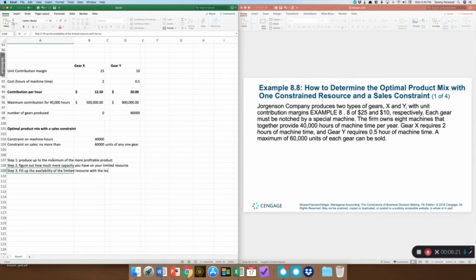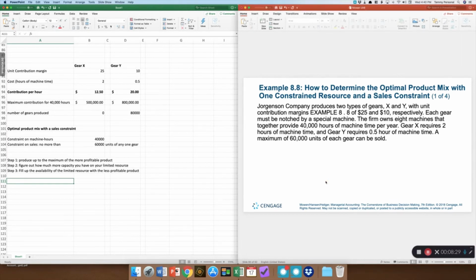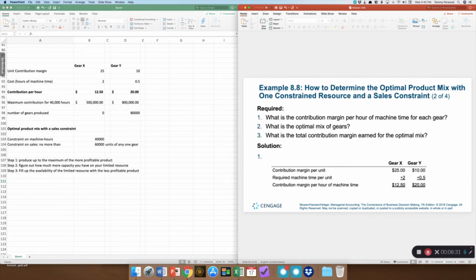Okay, so how does that actually look in our example here? The first thing we do is figure out our contribution margin per hour for each of these, which we did, and then we figure out what is the optimal mix if we have a sales constraint, and what's the total contribution margin earned.